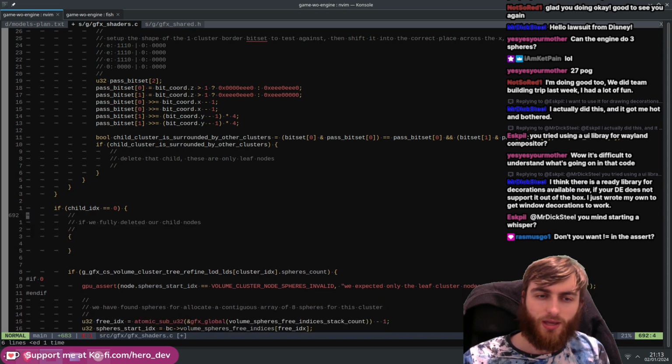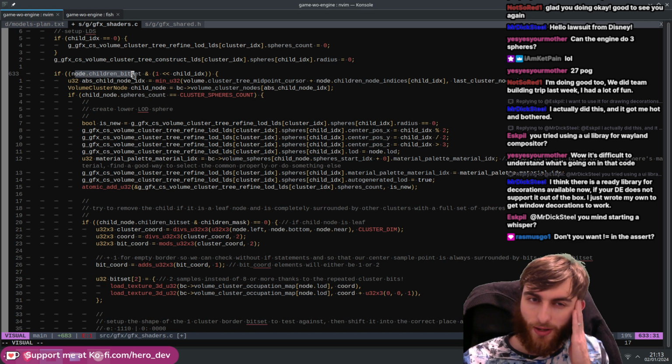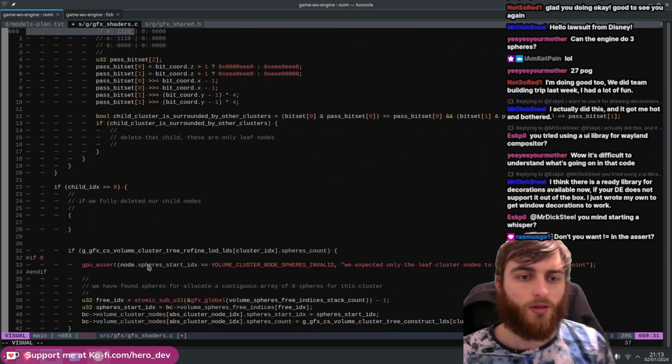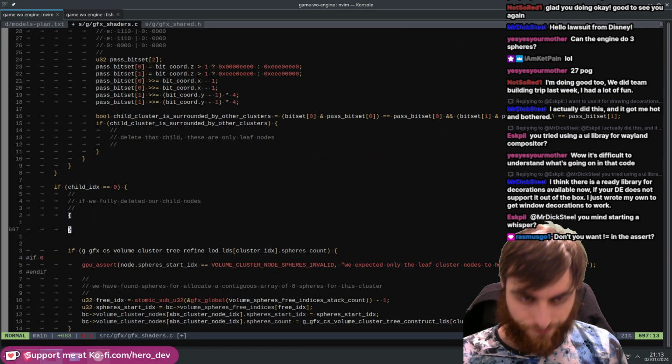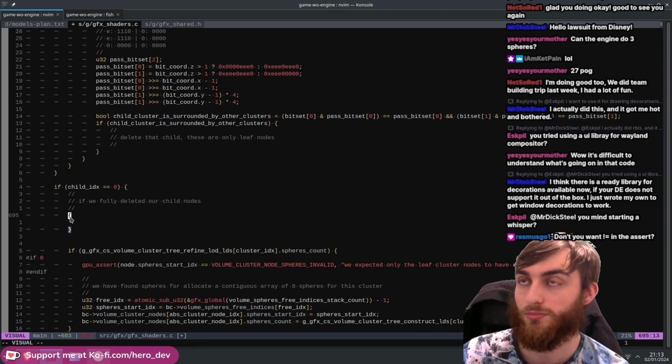So in here we need to go, oh, we've deleted it, and the node, we need to modify that node bit set, maybe remove the children from it or something like that. So we can put that in the if statement here. And if they're all gone, you can then do the removing.